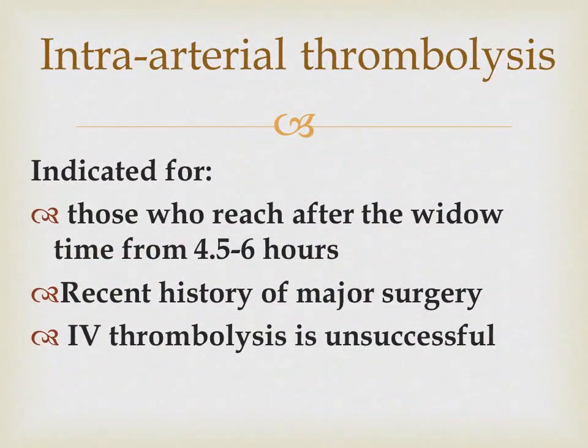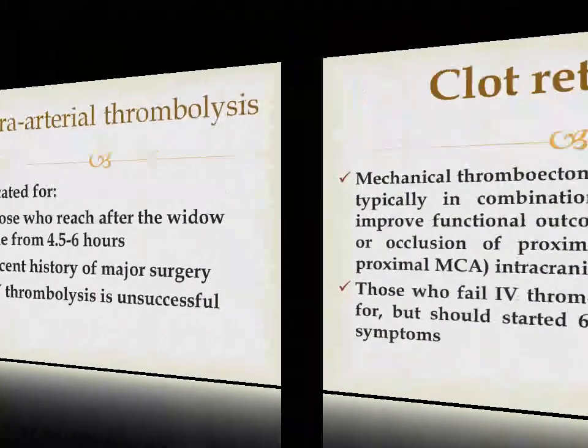Intra-arterial thrombolysis is indicated for 3 groups of patients. First group includes those who reach after the window time, from 4.5 to 6 hours. Patients with recent history of major surgery, and those in whom IV thrombolysis is unsuccessful.